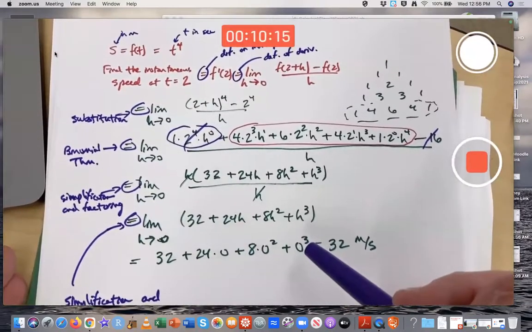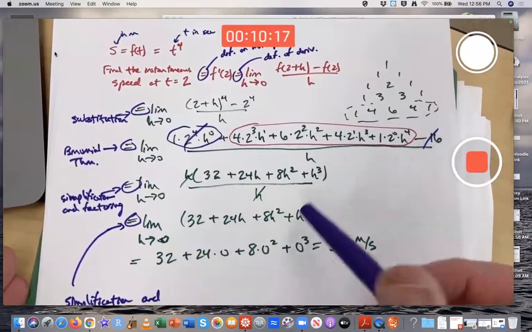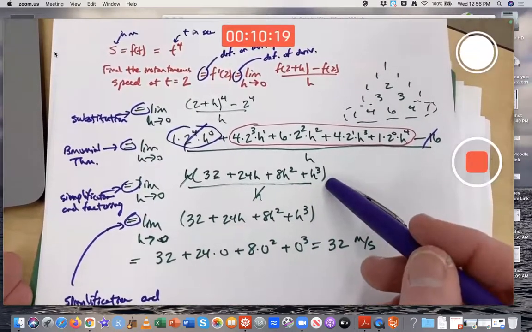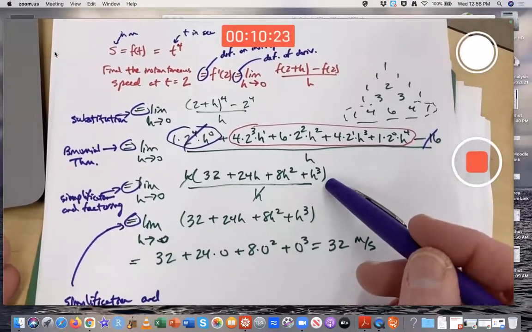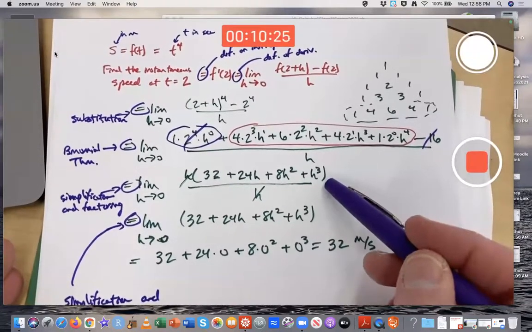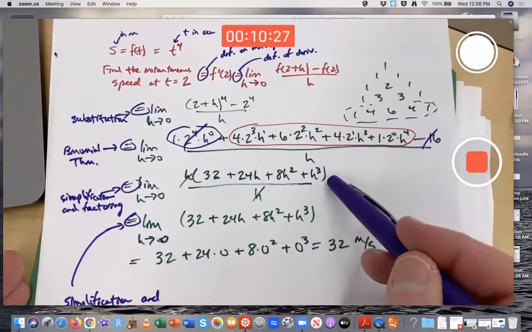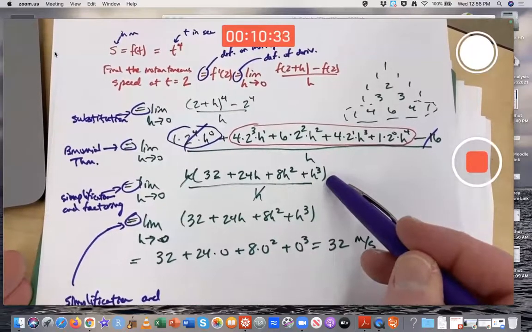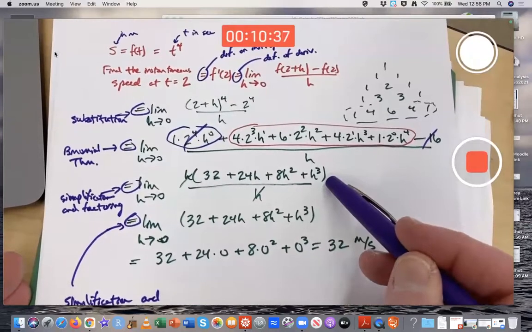Say that again. The value of this limit here, assuming it exists, does not actually, technically, depend on the value of this expression that I'm pointing at when h equals 0. Now, the value of this expression that I'm pointing at when h is 0 is undefined. It doesn't have a value. But that doesn't matter. The limit can still exist.